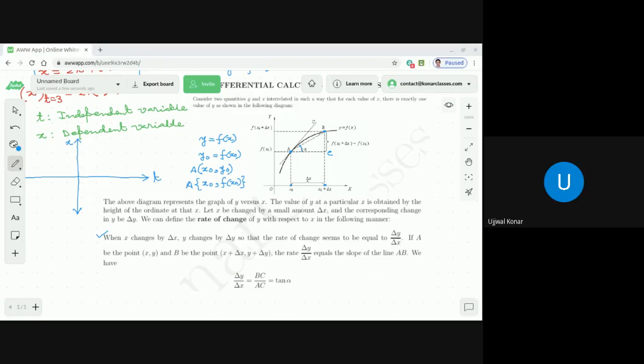Suppose you say, sir, today I did a quadratic equation test in the online platform at KonarClasses.com and I got 5 out of 10, for example. And sir, after 6 months, I gave a test on the quadratic equation at the same platform with a different set of questions of similar difficulty level, and I got 8. I cannot really say that is a very good rate measurement, right?